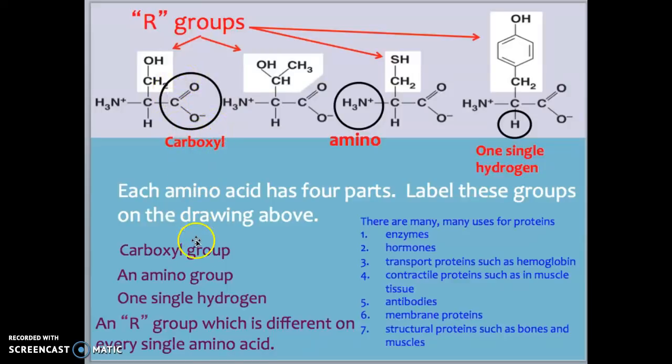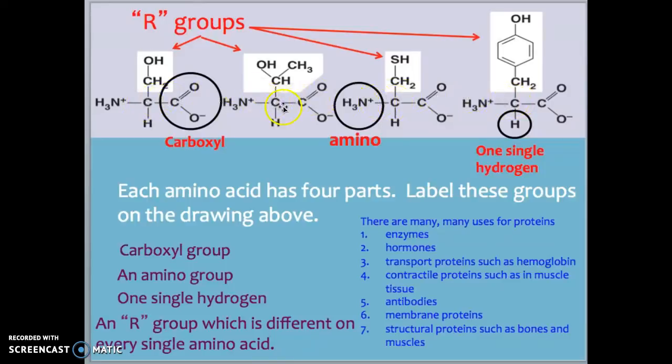All amino acids will have an amino group, and this circle has an amino in it that's usually associated with a nitrogen atom attached to hydrogen, so NH3 or NH2. Those are amines, different types of amino groups. And then all amino acids also have just one single hydrogen attached to the central carbon.